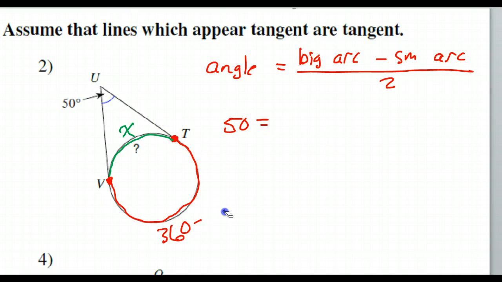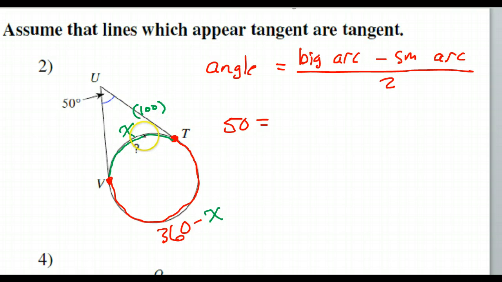Now, even though I don't know what it is, just like before, I would find the red side by subtracting it from 360. So the red side will be 360 minus X. I know for some of you that's hard to follow, but just think back a second ago when it was 100.